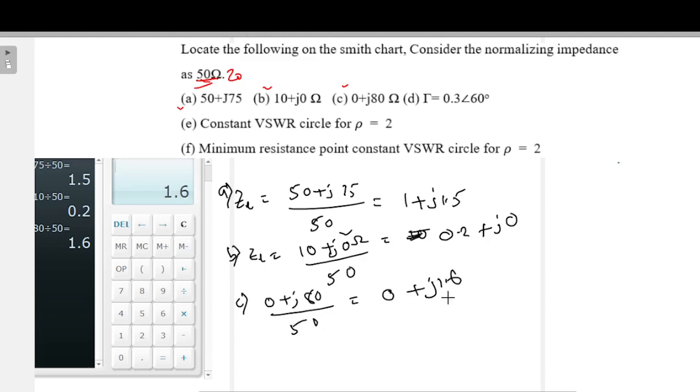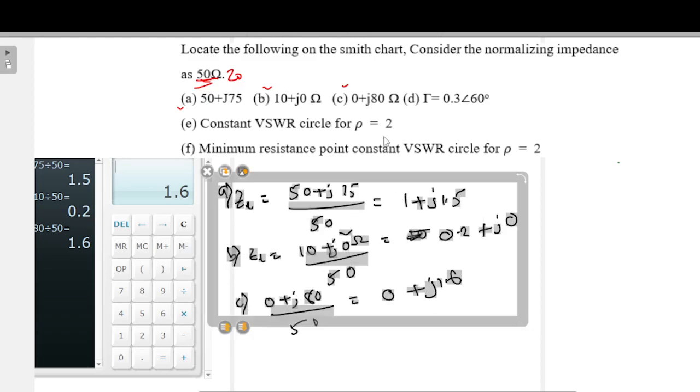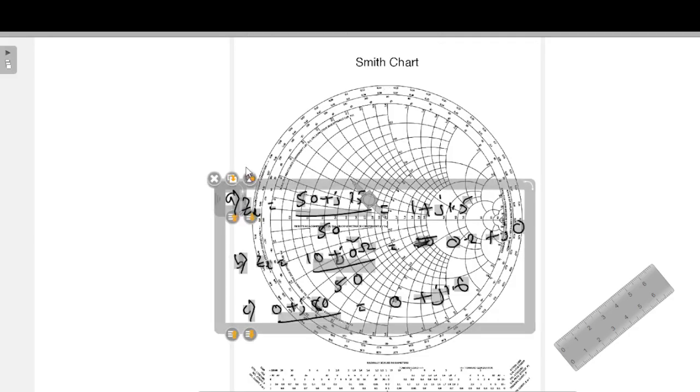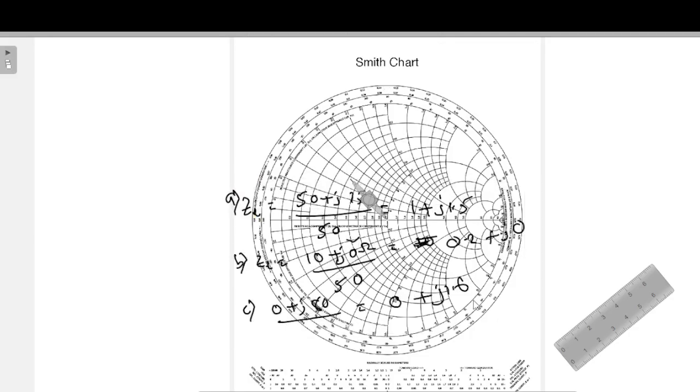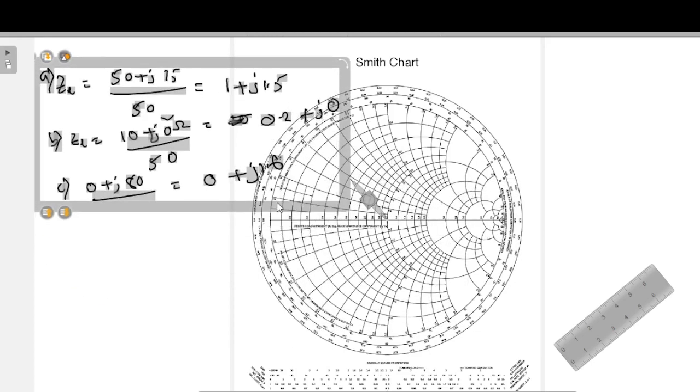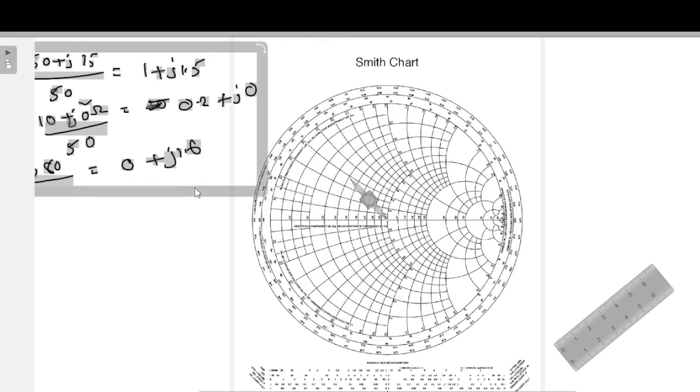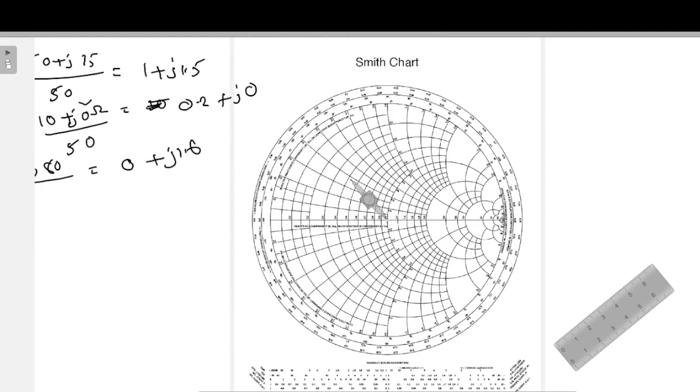Now these are the values I need to locate on the Smith chart. Let me take all these values to the Smith chart so that it will be easy. So here is the Smith chart. The first point we need to locate is 1 plus J1.5.